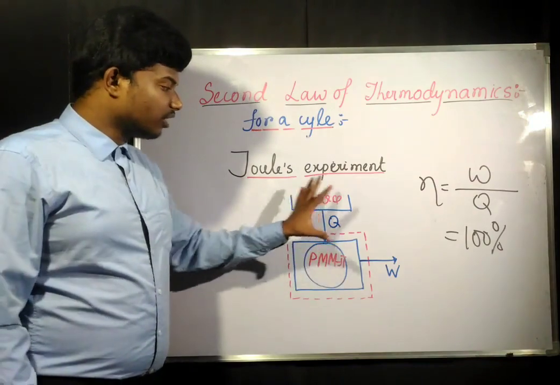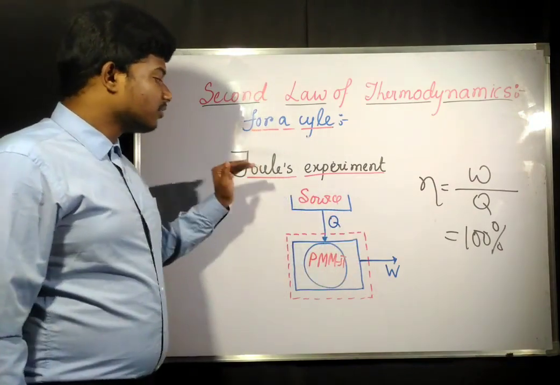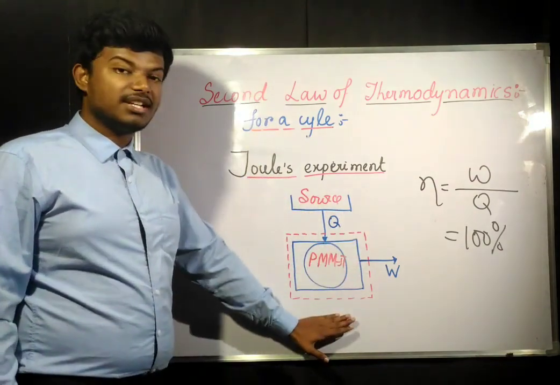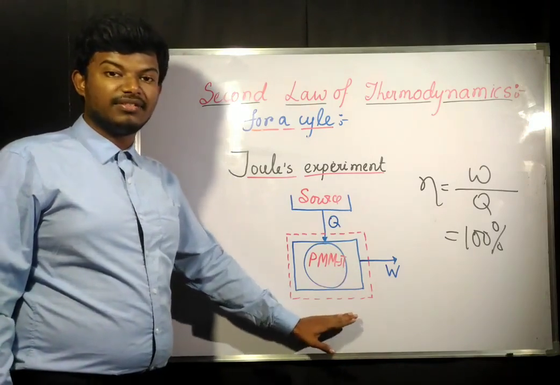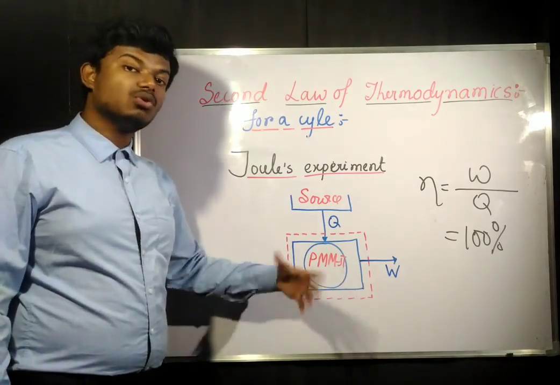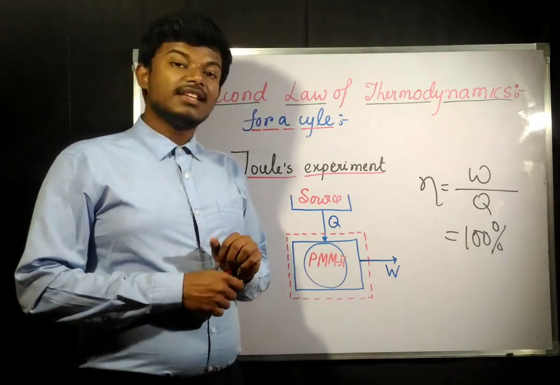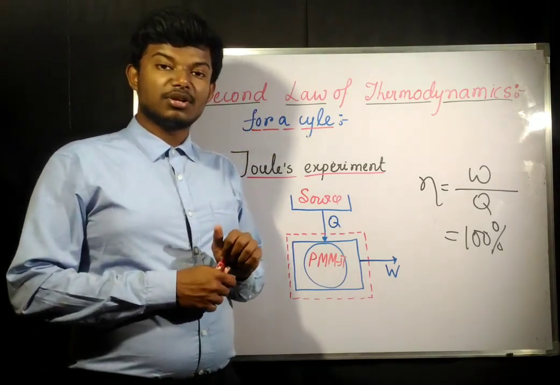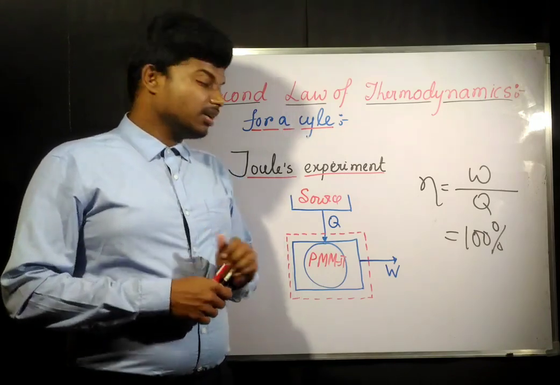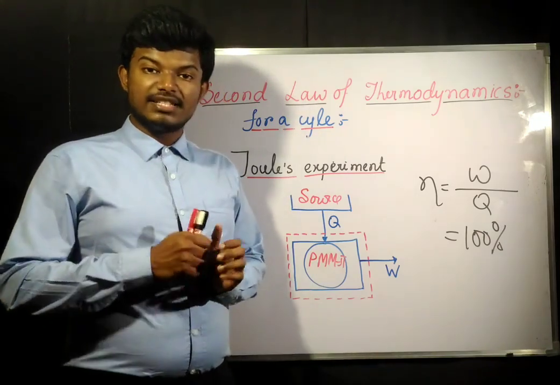Okay, now for now we need to remember that according to Joule's experiment, whatever the machine design or whatever the proposal was given, that was not possible, and to oppose them, the second law of thermodynamics has been introduced, and this second law of thermodynamics is going to be given in terms of some statements.